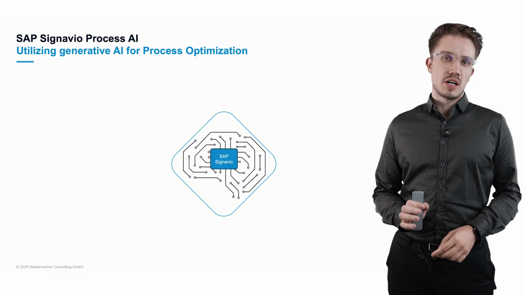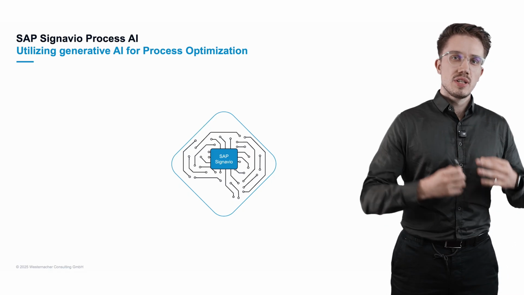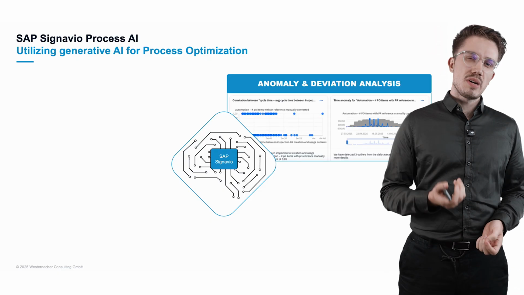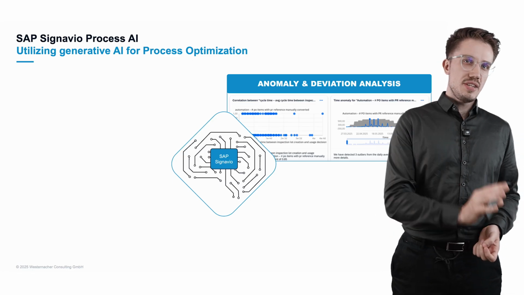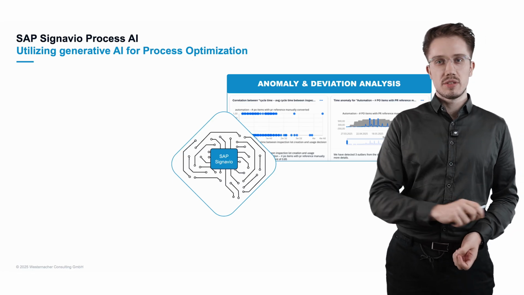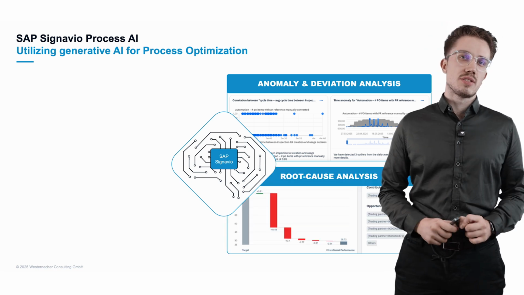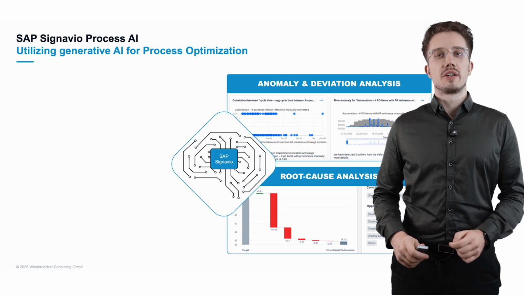Utilizing the generative AI for our process mining analysis, we can use anomaly and deviation analysis for automated comparison of correlations, anomalies, and deviations between key metrics and data patterns. And automated root cause analysis, where it highlights how to reach a set target.